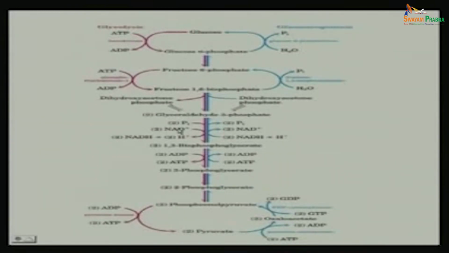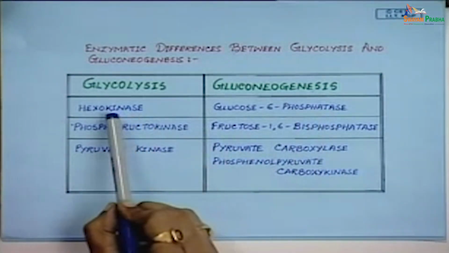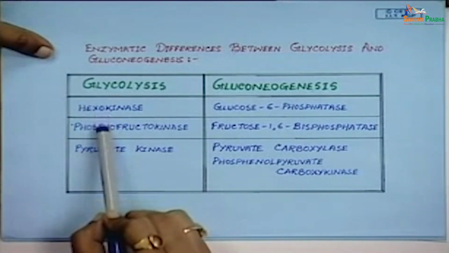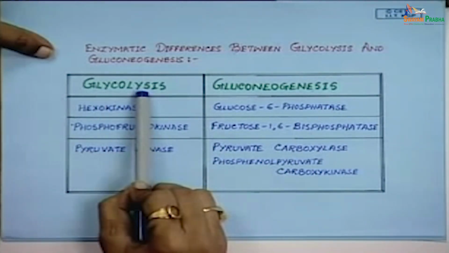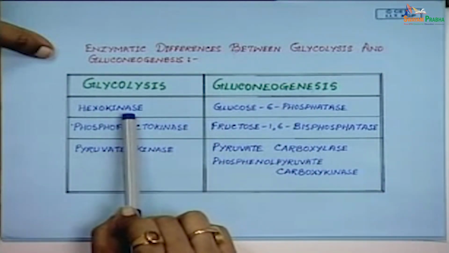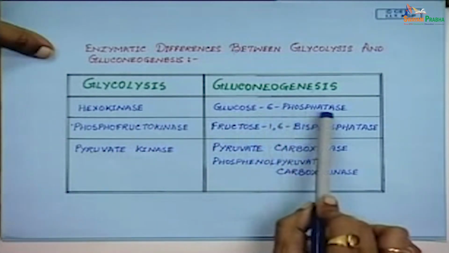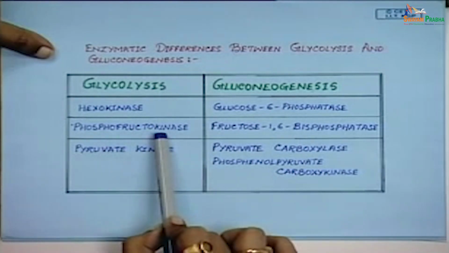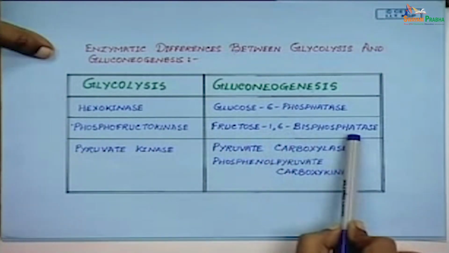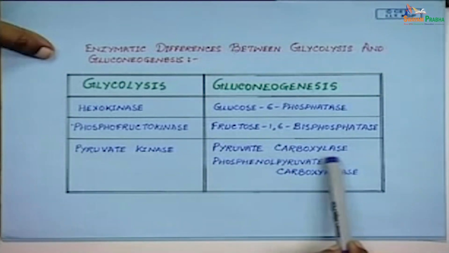Now, if we see the similarities and dissimilarities of glycolysis and gluconeogenesis, we can find that 3 enzymes participating in glycolysis are different from those of gluconeogenesis. Hexokinase in the glycolytic process is replaced by glucose 6 phosphatase; phosphofructokinase by fructose 1,6 bisphosphatase; and pyruvate kinase by pyruvate carboxylase or phosphoenol pyruvate carboxykinase.